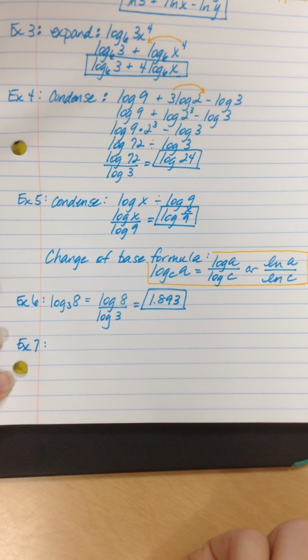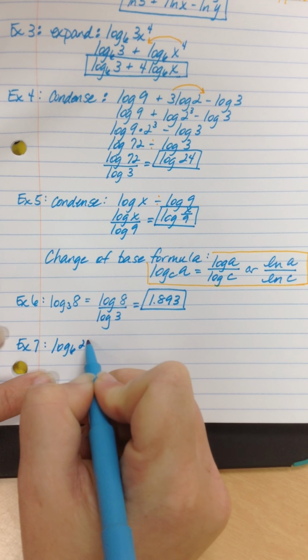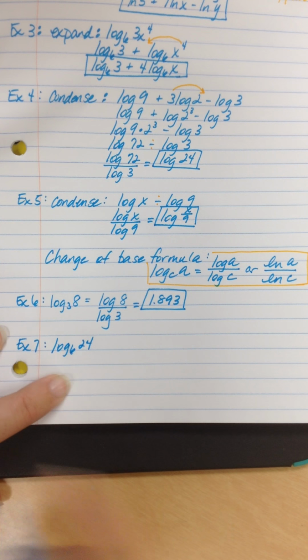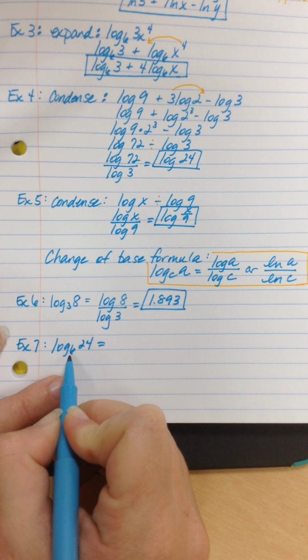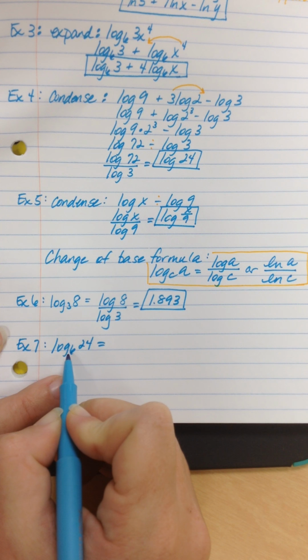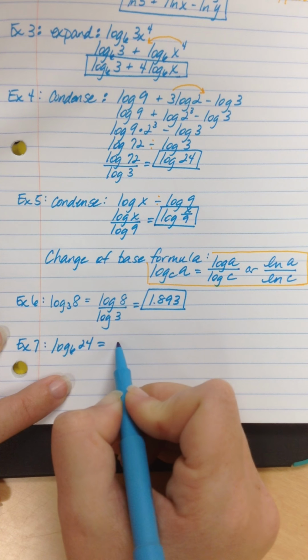Example 7. This time I have the log base 6 of 24. So remember, calculator cannot calculate log base 6. It can only do log base 10. So we can use the change of base formula to figure out what this is.